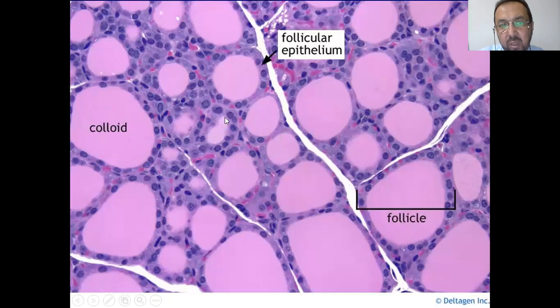And then in between the follicles, there are blood vessels, septi of the capsule, of course, macrophages, and the parafollicular cells or C cells of neural crest origin. This is a very simple idea about the histology of the thyroid glands. Of course, the size and the shape of these follicles are affected by the degree of activity the gland is experiencing, whether it is in a euthyroid state, in a hyperthyroid state, or in a hypothyroid state.